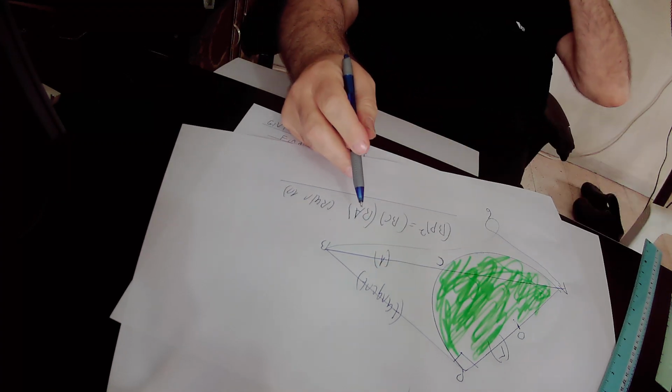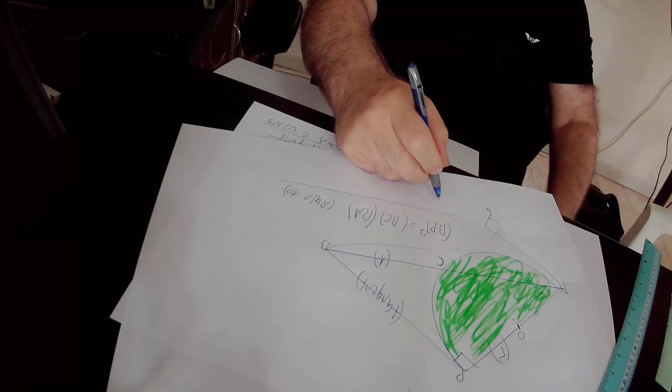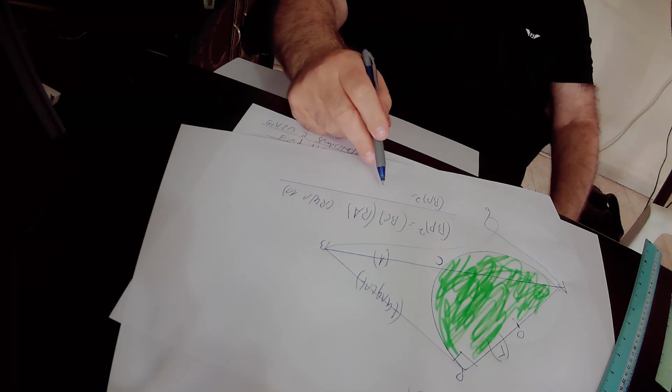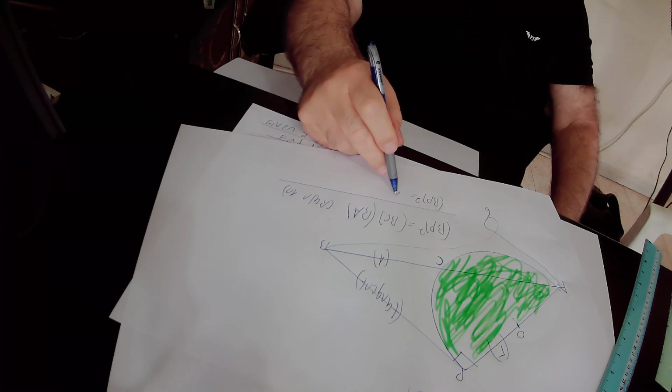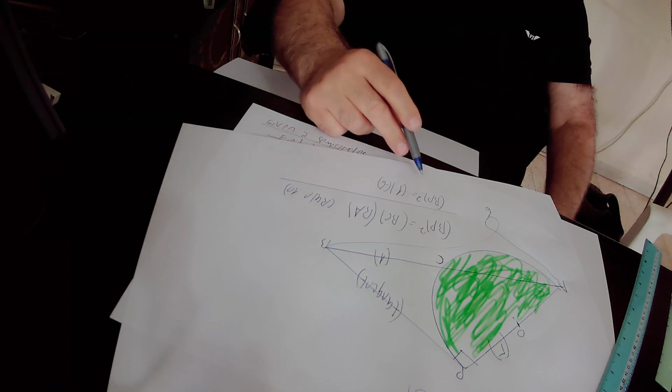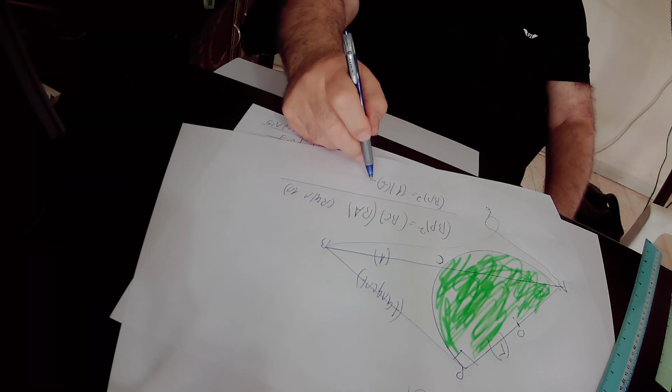BP is the missing tangent, so we leave it as it is. So BP square equals BC, which is 1, times BA, which is 6. In conclusion, we found out that BP square equals 1 times 6, that is 6.